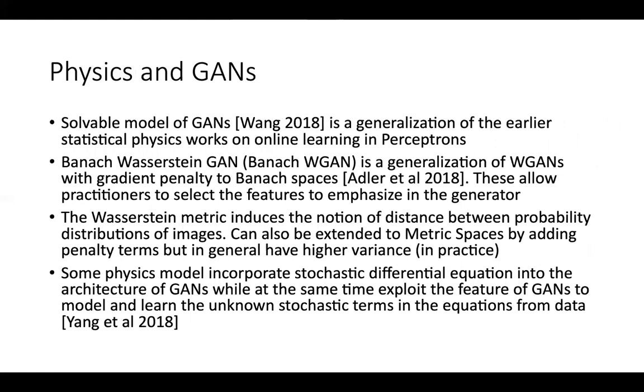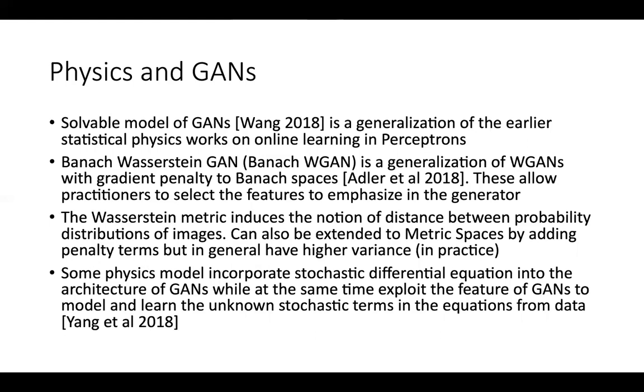So taking that as the foundation, some physicists came up with the Banach-Wasserstein GAN, which is a generalization of Wasserstein GANs, which actually allows the practitioners or people who are using GANs to select the features to emphasize in the generator.